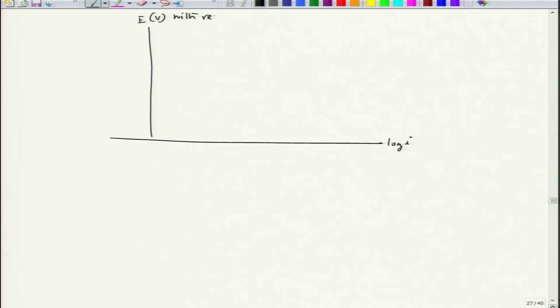Let us say a situation where this is log I, and this is potential, with reference to the standard hydrogen electrode. Okay.